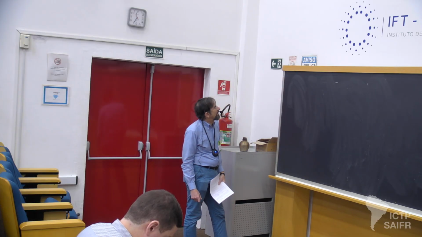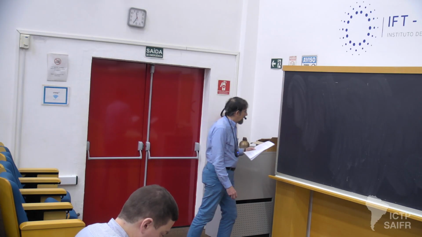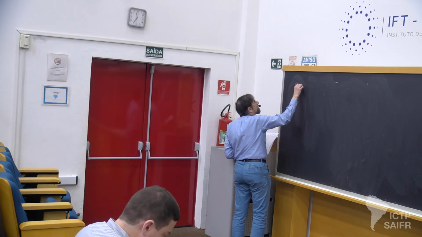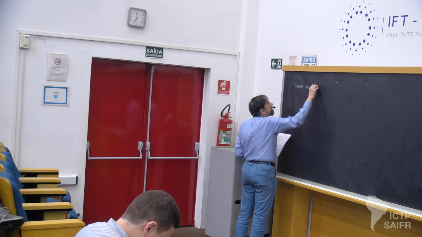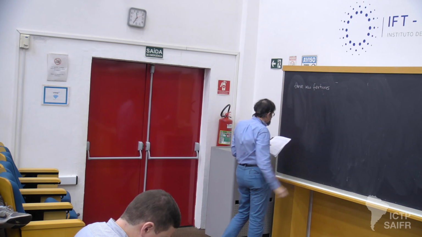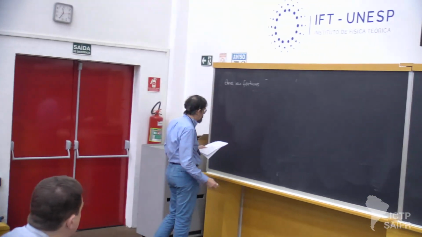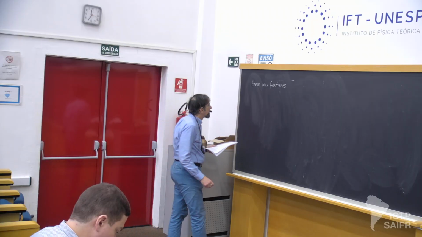So the next simplest thing beyond one loop is, of course, two loops. And we're going to find three new features that are pretty much representative of what happens at two loops and beyond.